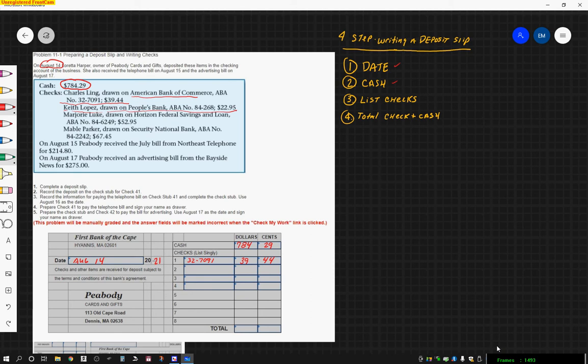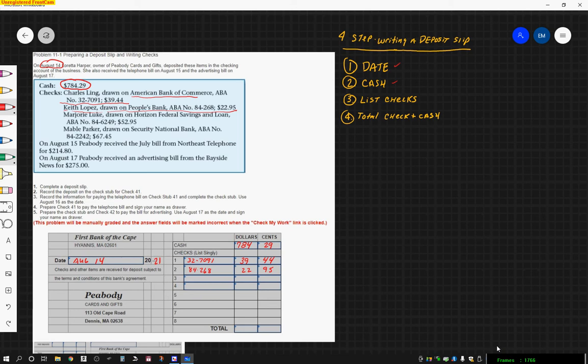Second check is from Keith Lopez, drawn on the People's Bank, ABA number 84268, in the amount of $22.95. Now keep in mind, I am breaking out the dollars and the cents here. We're not going to be jamming everything into the same columns. It's very important to stay organized on this.